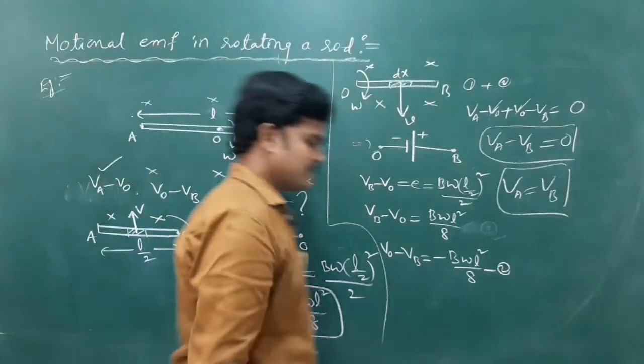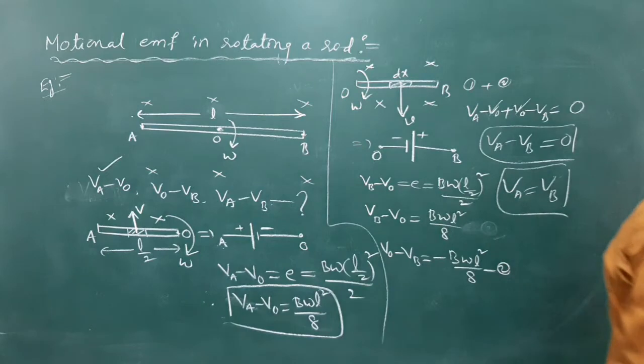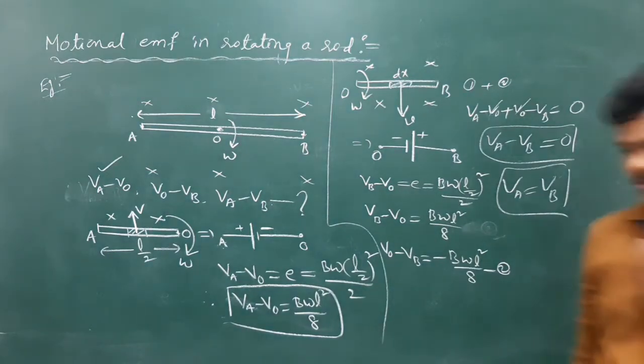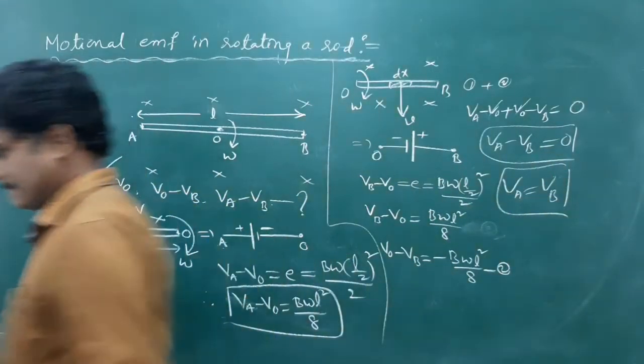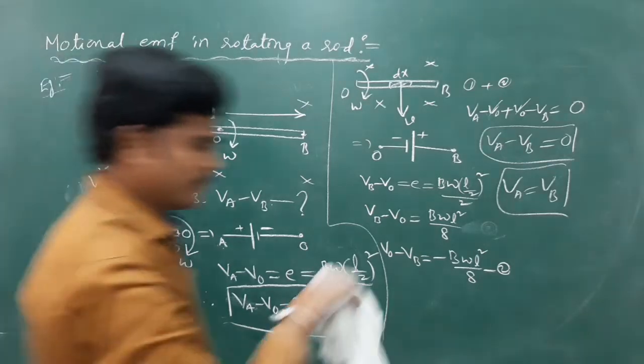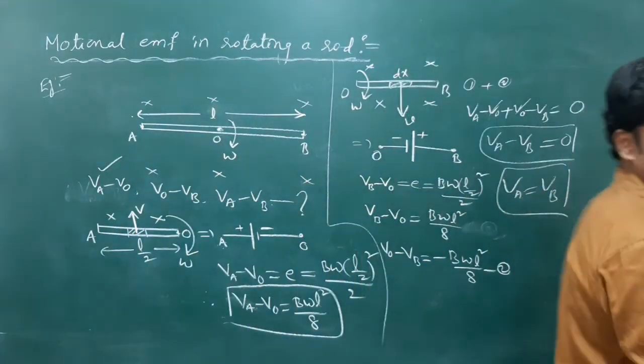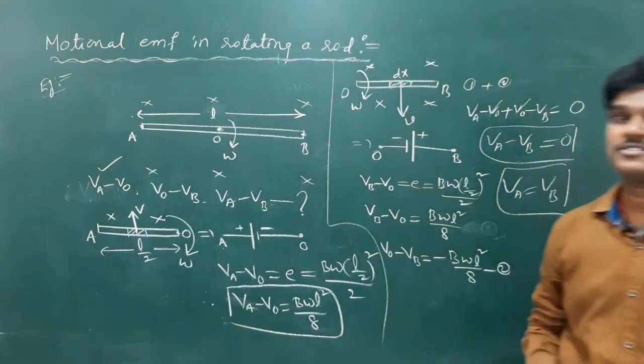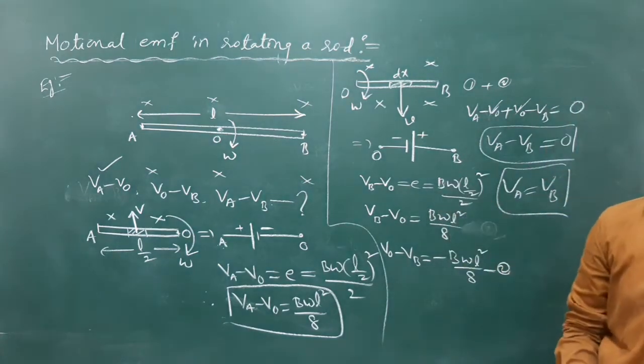Finally, I got VA equivalent to VB. If the rod rotates about its center, then the potentials across the ends of the rod are equal.